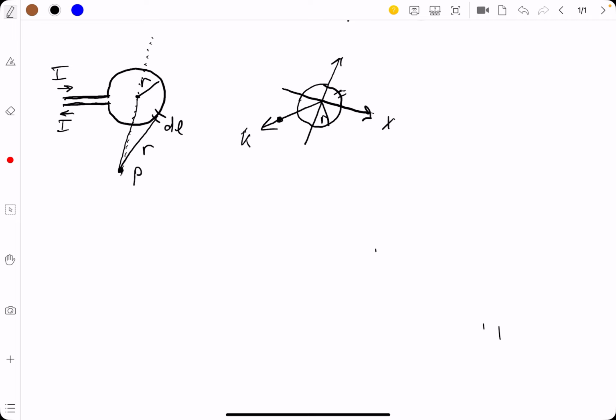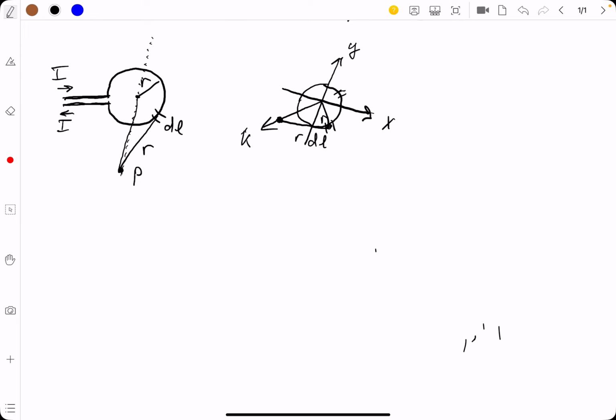So this is our k hat. At this point, we're going to get a dB, and dB is exactly perpendicular to the R dL right here.